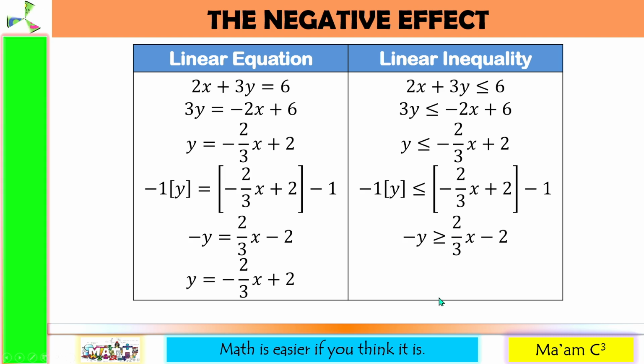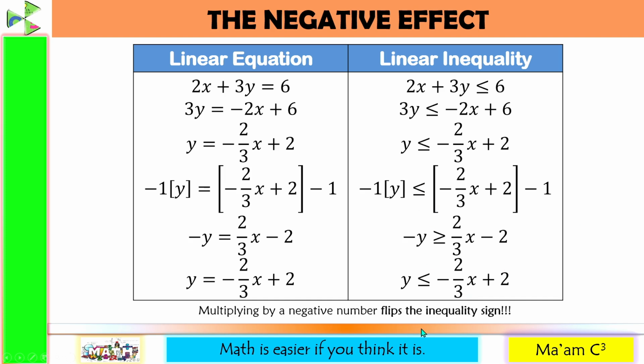So this will become y is less than or equal to negative 2/3 of x plus 2. So what I am trying to point out here is that when you multiply by a negative number, the inequality sign flips. Don't forget that because we are going to use that knowledge in our succeeding lessons.